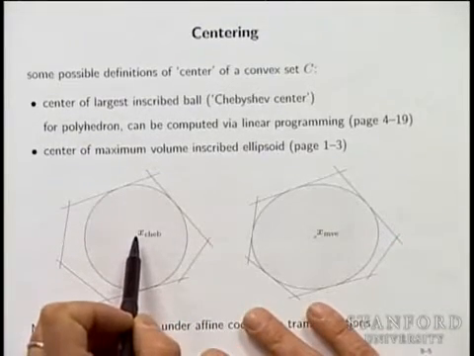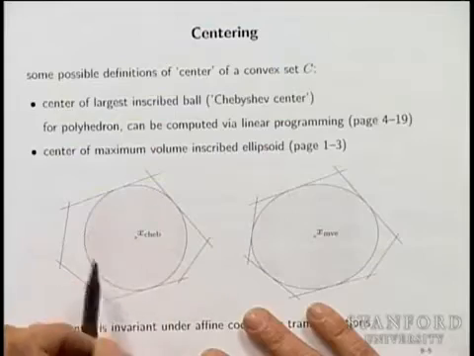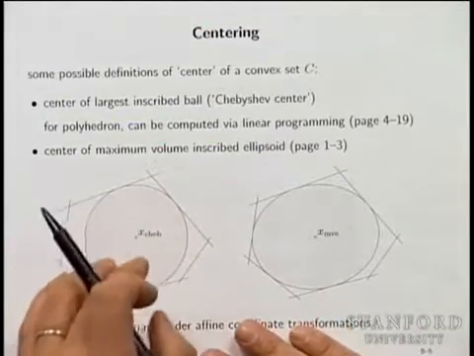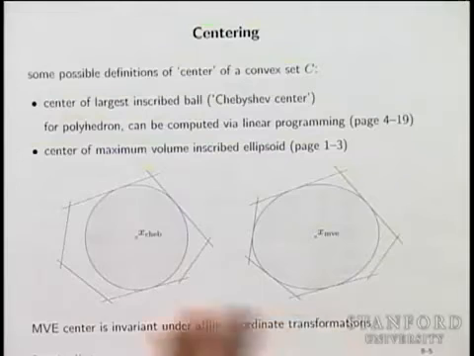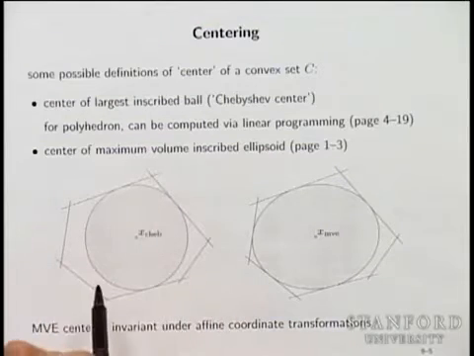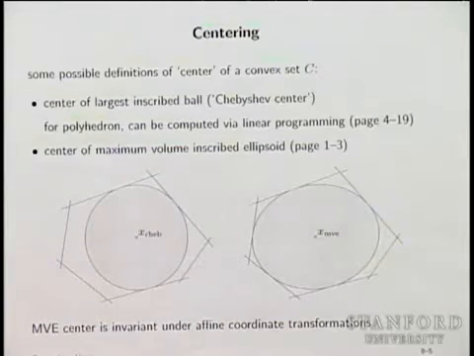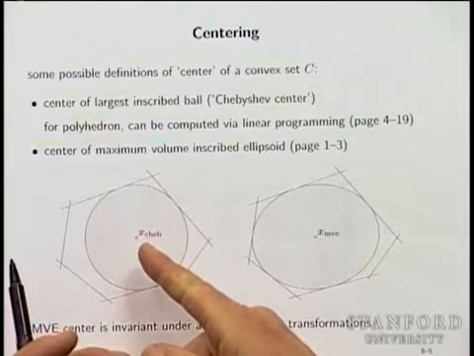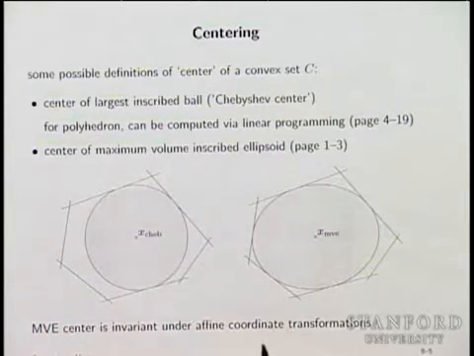One is this: you find the center of the largest ball that fits inside the set. Depending on what the set is, if it's a polyhedron, for example, we already looked at that like day one for linear programming. This is a linear program to calculate the largest ball that fits inside a polyhedron. That's an LP.